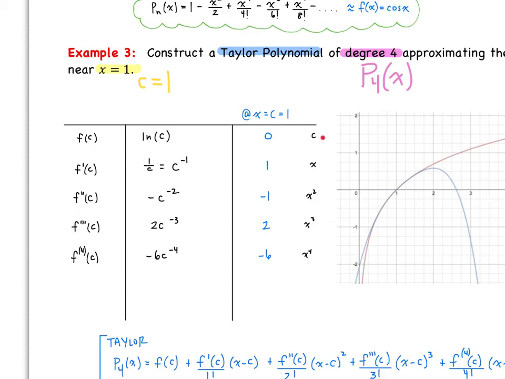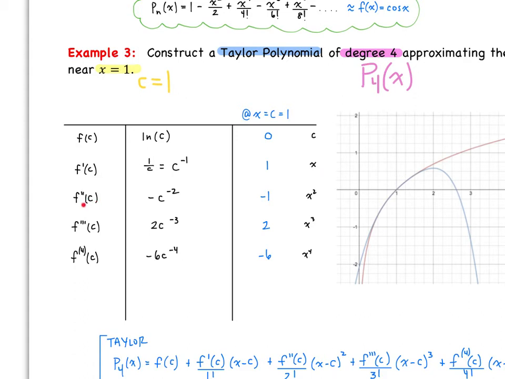This is our constant term. Okay, f prime of c is going to be 1 over c, and I'm going to rewrite it as c to the negative 1 so that we can come up with the next derivatives pretty easily. When we evaluate at c equals 1, 1 over 1 is just 1. So this is the coefficient of our linear term.